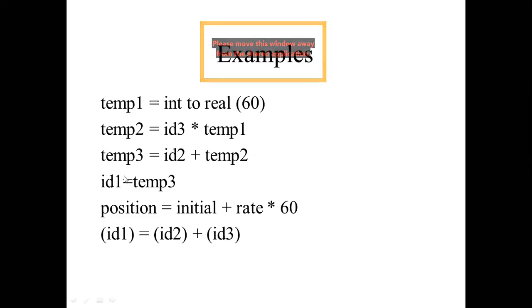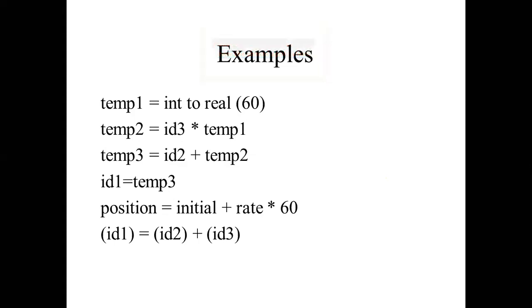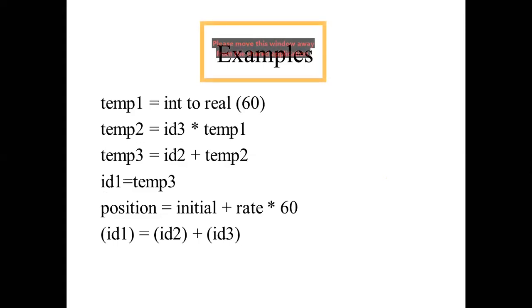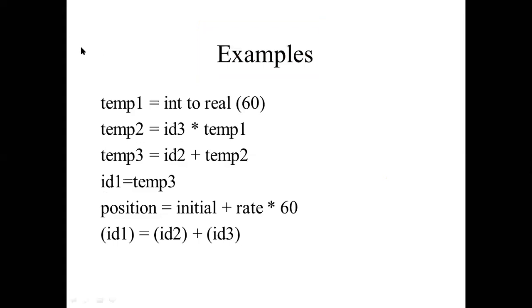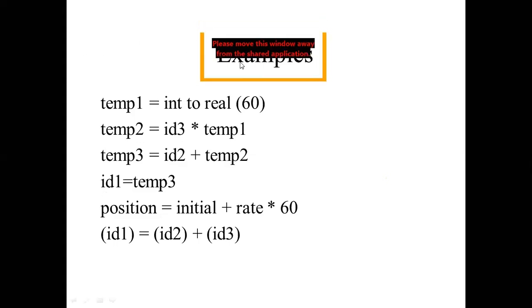So the speed of the compiler will be enhanced. If we use the intermediate code, we reduce the number of variables, and ultimately we can develop an efficient compiler. The speed of this compiler may be enhanced, and we reduce the memory requirement.